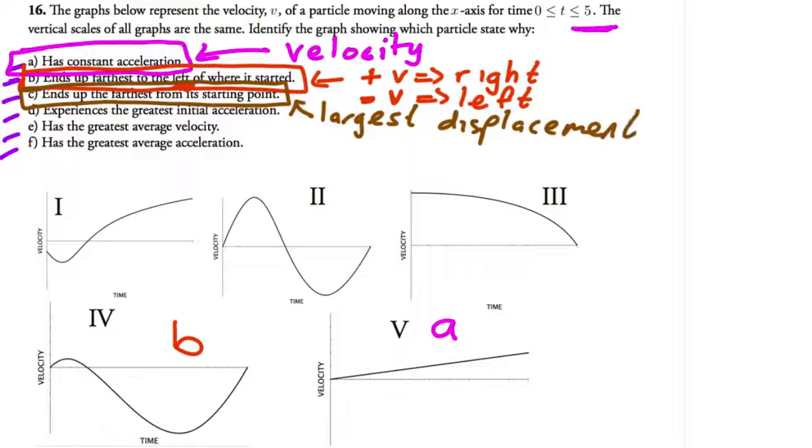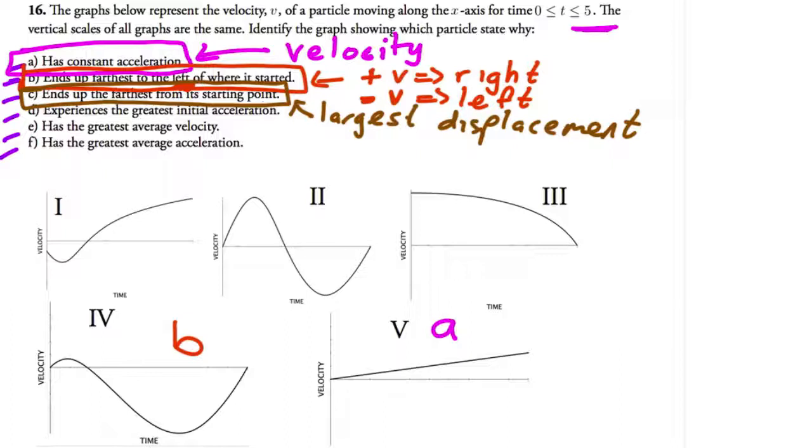For example, this one would be not farthest at all. It would be the closest to the starting point, right? Because the time that it spends above is about the same time that it spends below. So it's kind of like it's going forward and then it's going backwards.